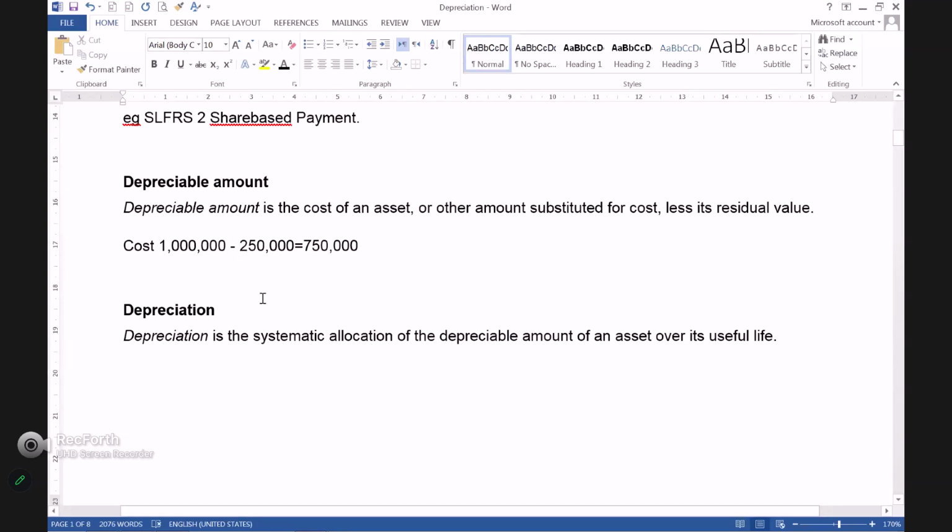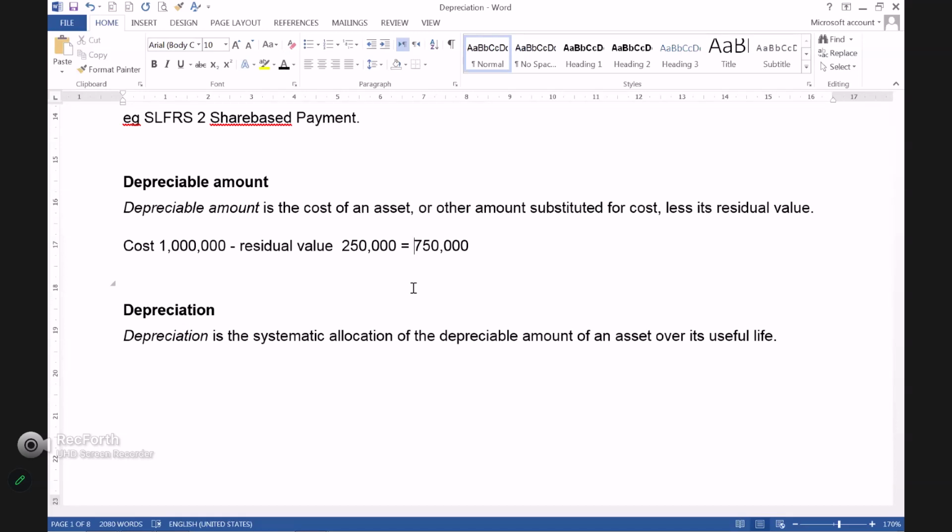This is the scrap value or residual value, 250,000. So the 750,000 is called the depreciable amount.